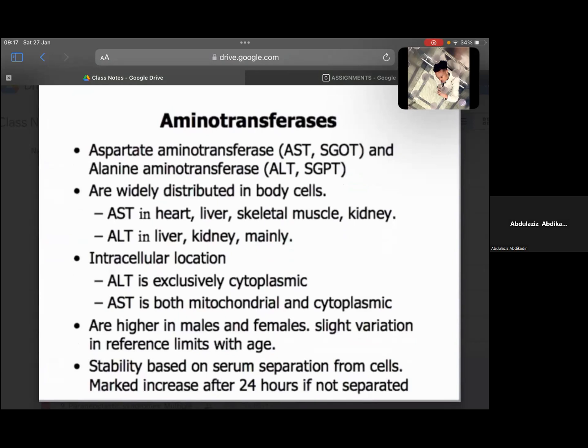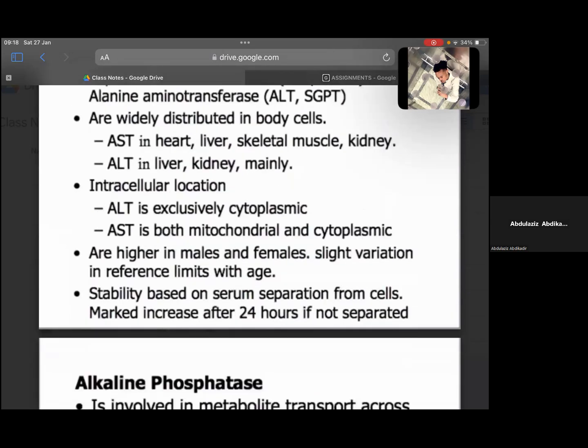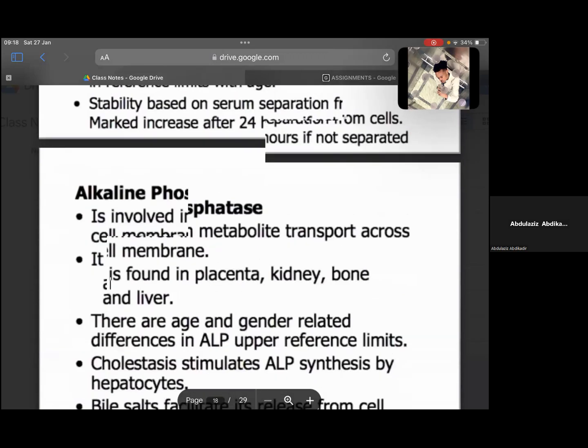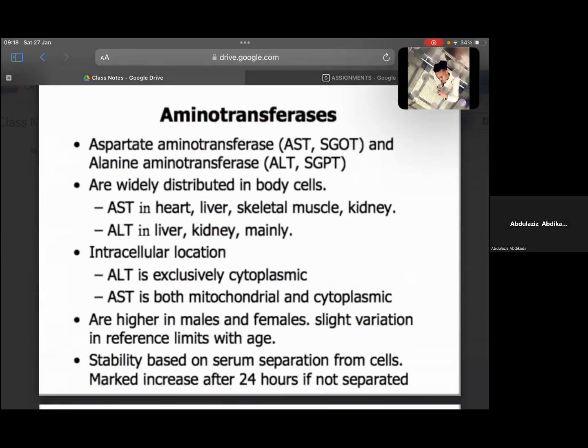Then if the ALT is more than AST, it's a marker of hepatitis or any other liver injury. So the AST, I told you, is found in the heart, it's found in the liver. Remember the cardiac biomarkers you were covering. The ALT is found mainly in the liver and kidneys. The AST is both cytoplasmic and mitochondrial. The ALT is cytoplasmic. That's an MCQ question.